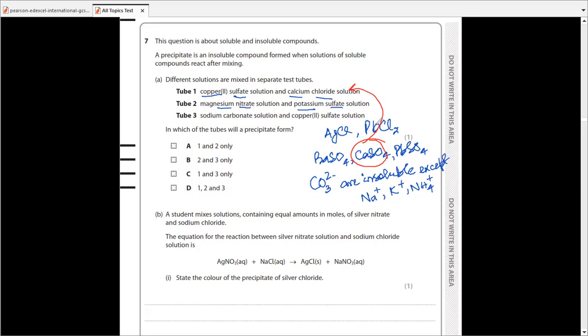Now, the third tube: sodium would form a sulfate and copper would form a carbonate. Copper carbonate is insoluble, which makes this the answer, C. Make sense? Yeah, 1 and 3.